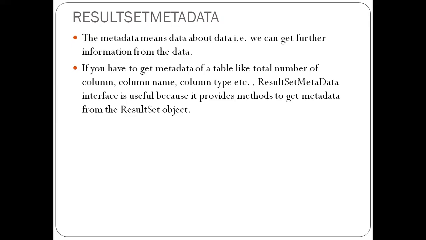I will explain this in the program. Data about data is known as metadata, that is, we can get further information about the data. If you have to get the metadata of a table, like the total number of columns, column names, and column types, then you should use the result set metadata interface.